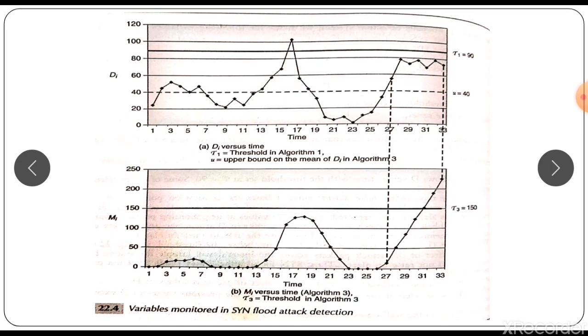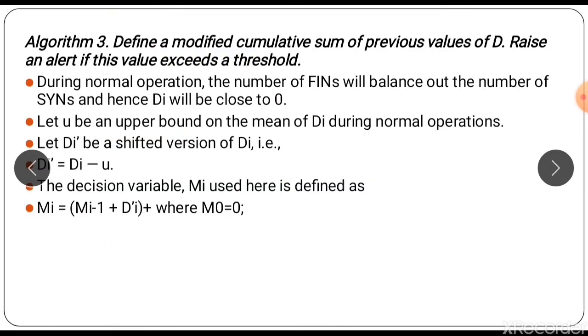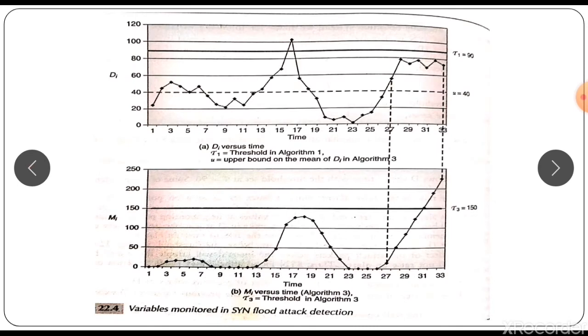Here Mi is calculated using this formula. Here Di' is Di minus U; that is, Di is this portion, U is this portion. So this will be Di', this portion, that is Di minus U. So this diagram is shifted, you can observe over here. Now we can consider some example.